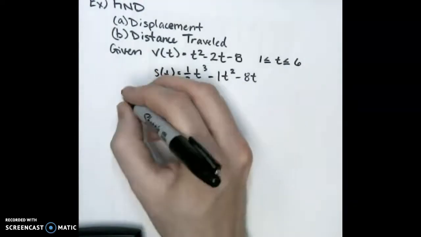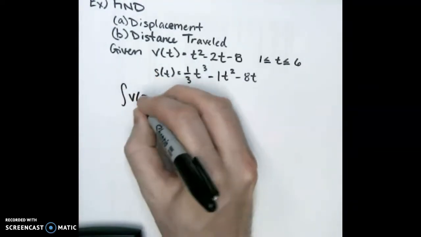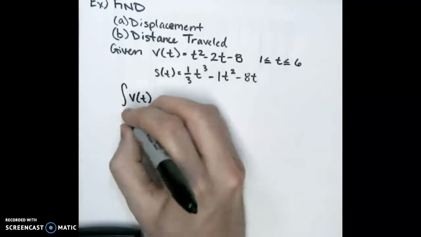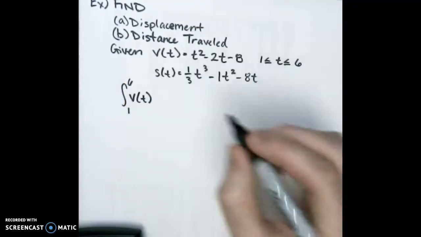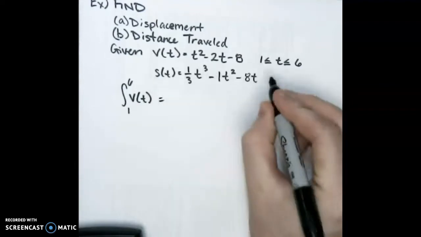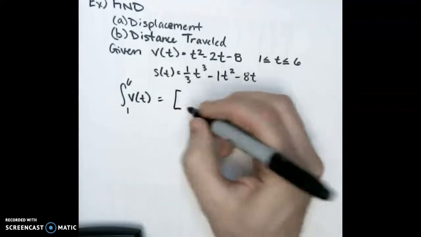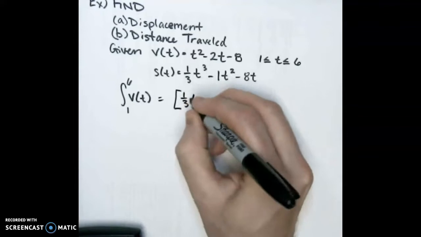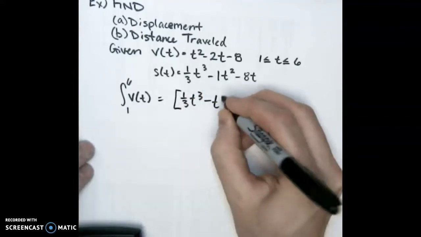so we just did the integration of the velocity. And we're going to go from 1 to 6, which was the time interval given to us. So now we have this position function, and we're going to plug in 1 and 6. And then we're going to subtract those values.